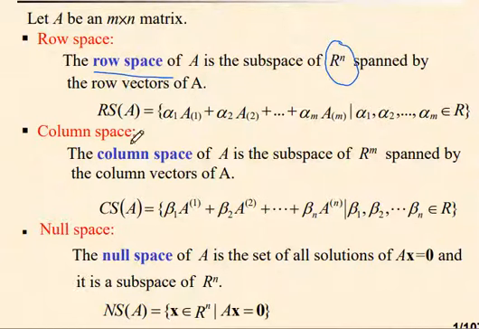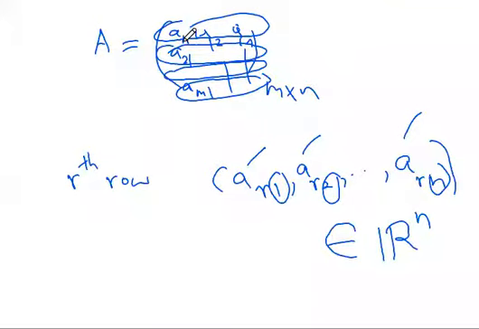And if you consider columns, linear combinations of all columns of A. So if you consider columns here, this is a column containing entries 1 to m. Let's write the first column: a11, a21, up to am1.